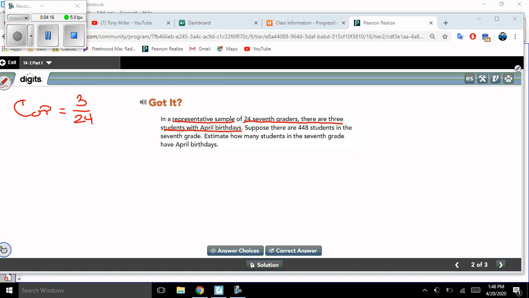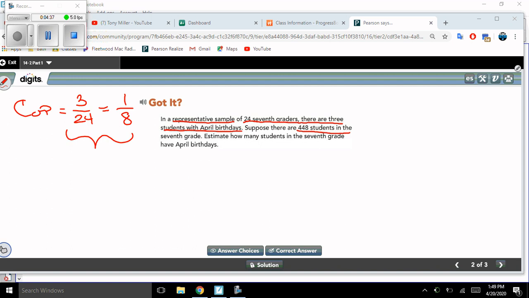Now, if you're quick about this and you can identify it, certainly feel free to look at that and say, wait a second, 3 over 24 can simplify to 1/8. And in either of these 2 situations, we could say that those are the COPs, right? We have 448 total students in the 7th grade.